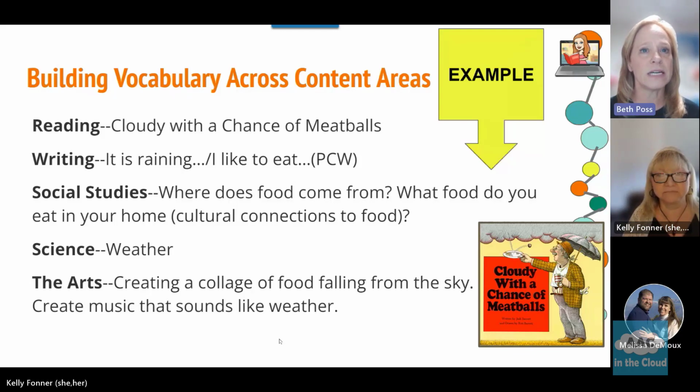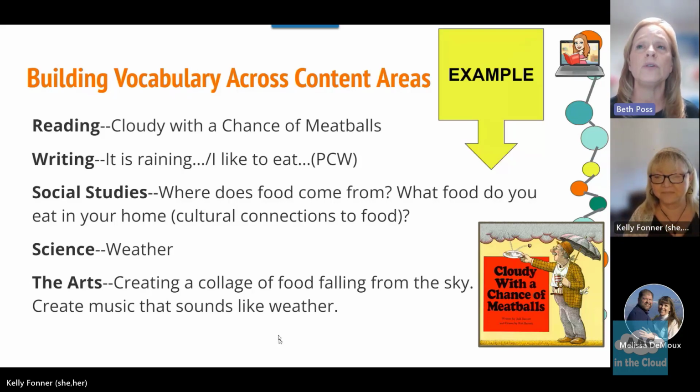There is a pretty obvious connection with Cloudy with a Chance of Meatballs to the topic of science. We could be talking about weather, but we could be talking about real weather situations. And then in the arts, it's really how somebody is interpreting that. So maybe they're going to create a collage of food that you cut out from grocery store flyers, to fall from the sky.